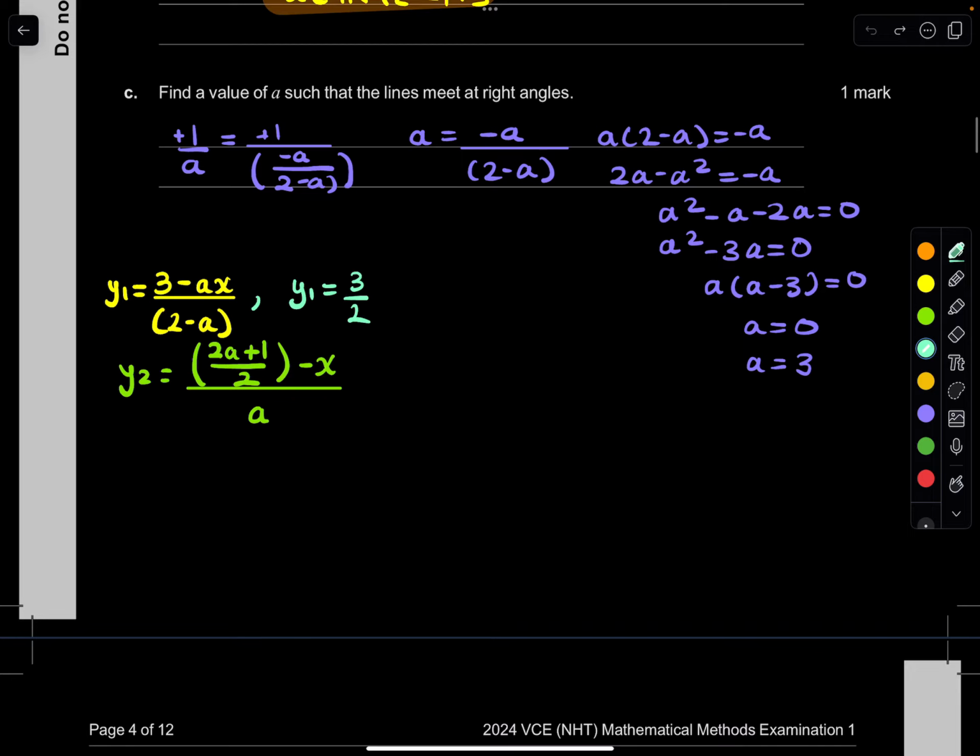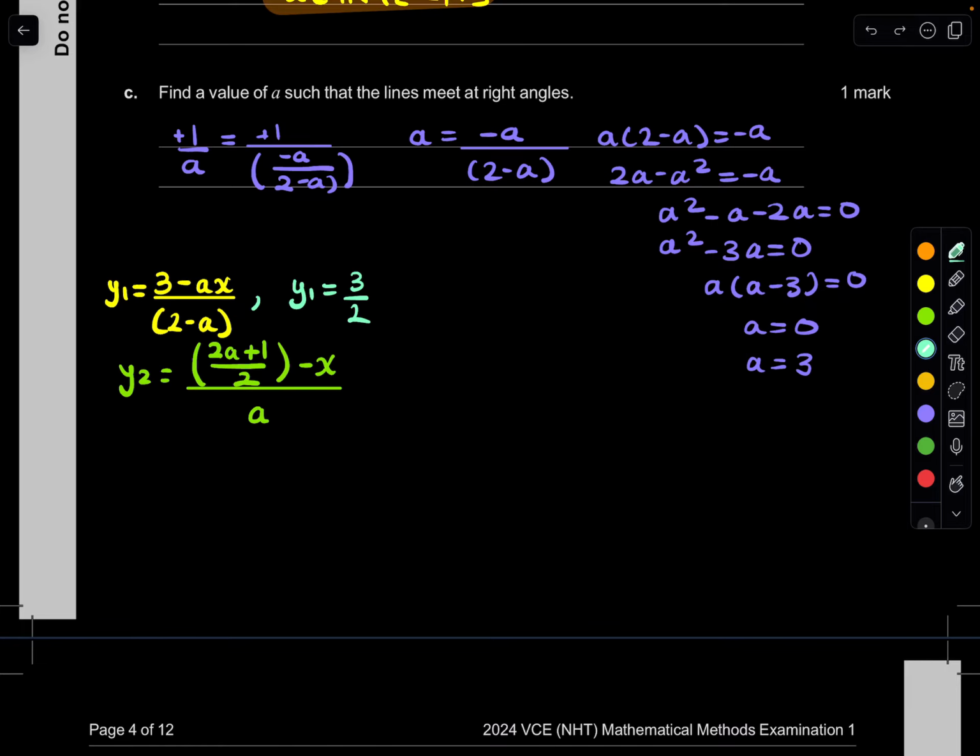If you sub in 0, the denominator becomes 0, and if your denominator becomes 0, it's undefined. So A equals 0 doesn't work for this equation, hence it's not considered. Our answer has to be A equals 3, so reject A equals 0.